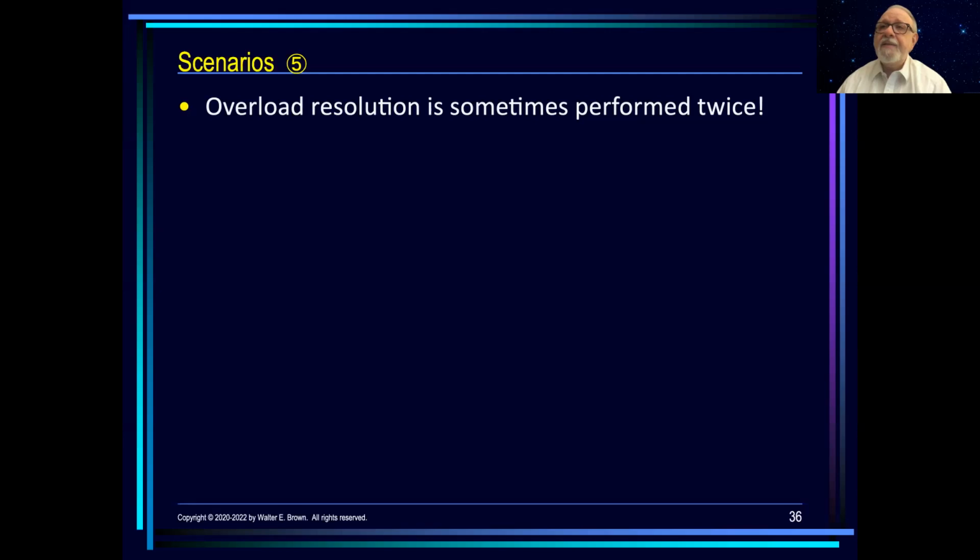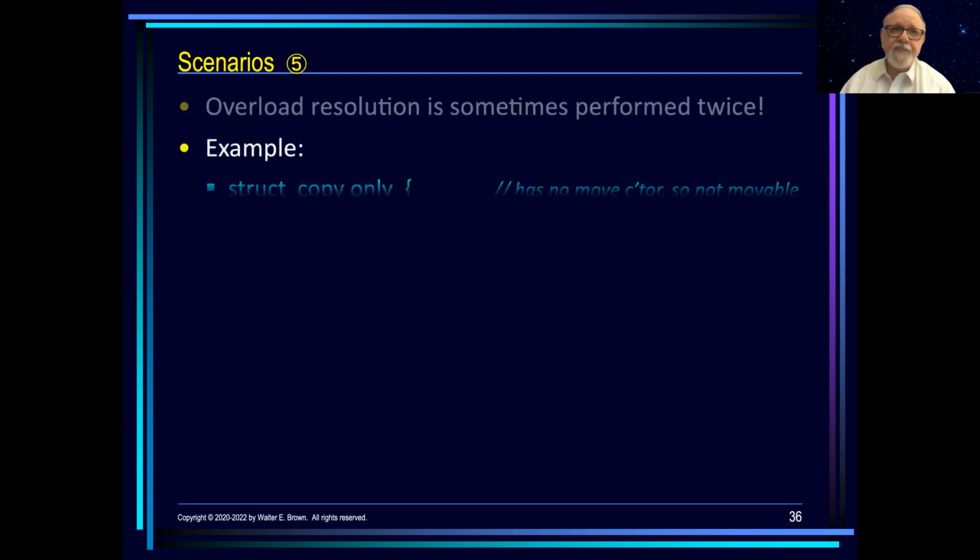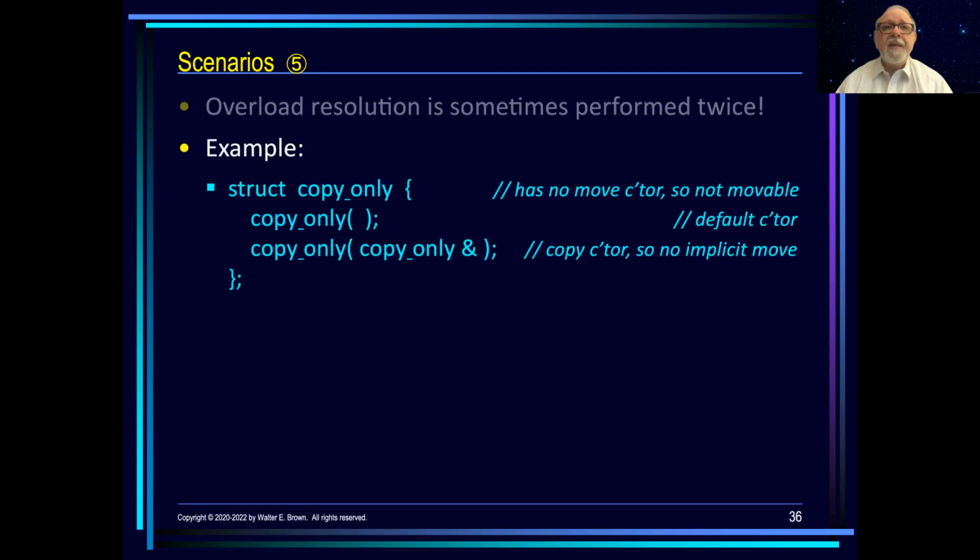It's a fact that sometimes the compiler does overload resolution twice at the same point of use. Here's an example. Here's a type that can only be copied, it cannot be moved.